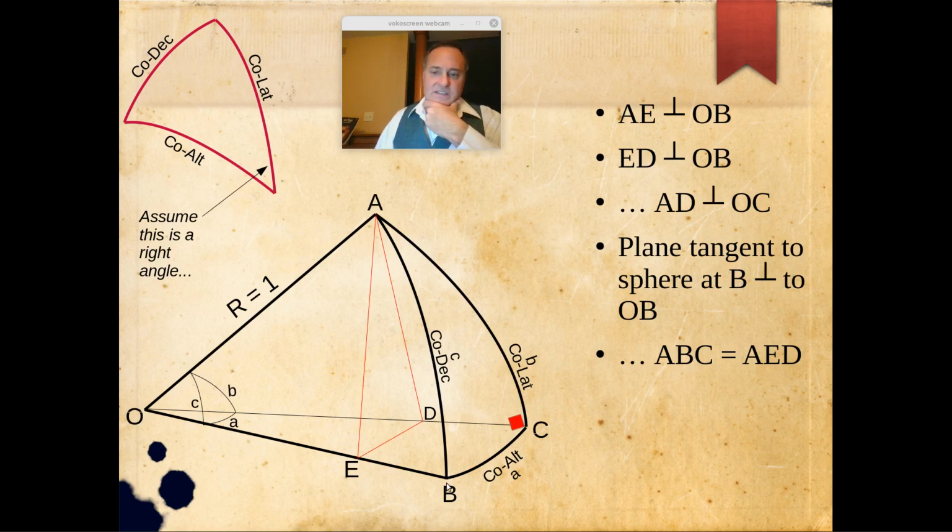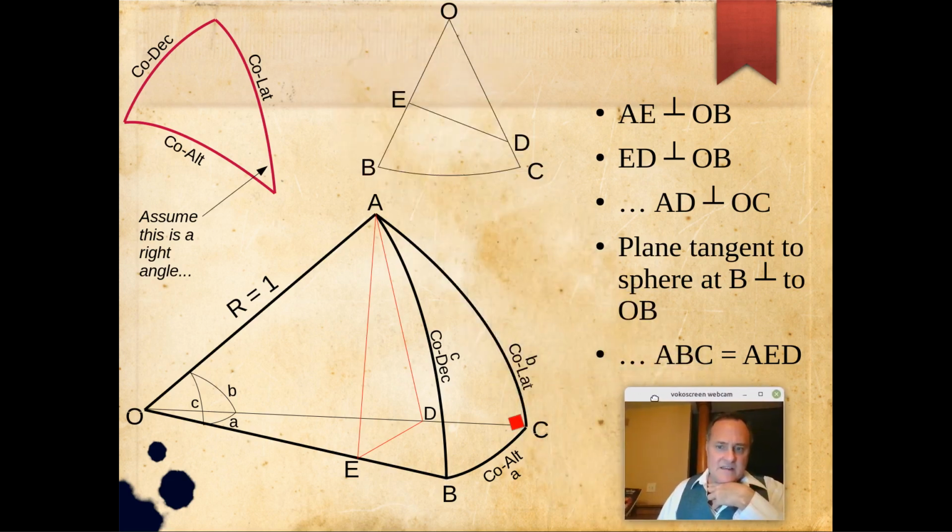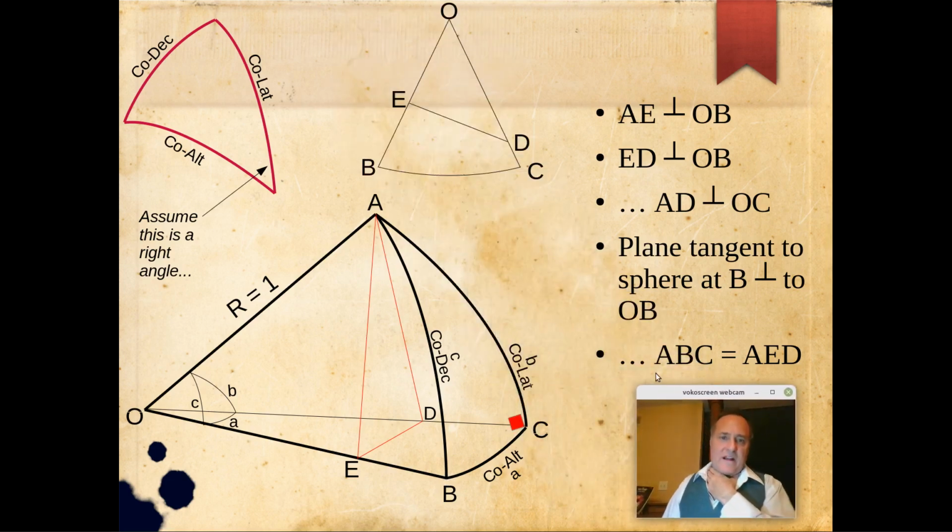Now, you don't see the plane yet. I'll show you here in a minute. But before we move any further, I want to show you that just because this line, AD, is perpendicular to OC, it was constructed that way.